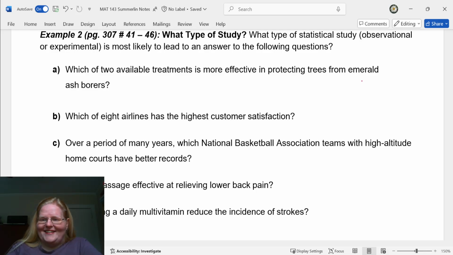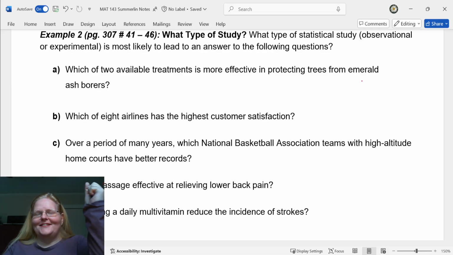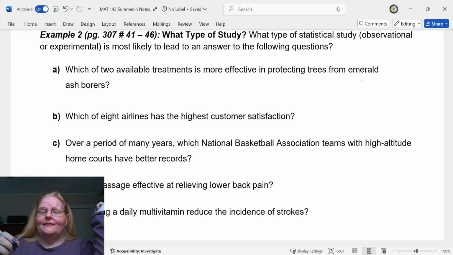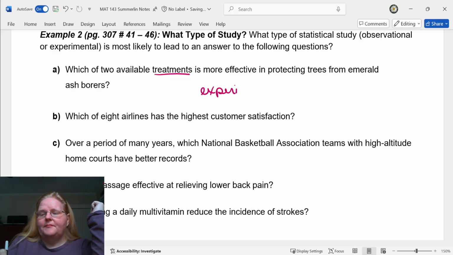Now we're back. I didn't really go anywhere, but I wanted it to look like it did. Okay, so which of the two available treatments is more effective in protecting trees from emerald ash borers? They called it treatments, so obviously this one is an experiment. Which of 8 airlines has the highest customer satisfaction?